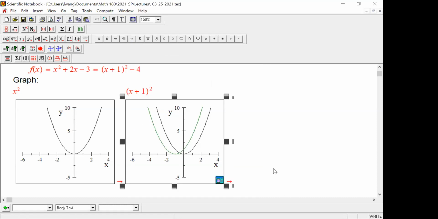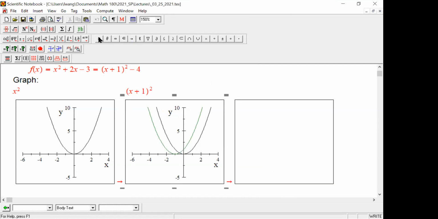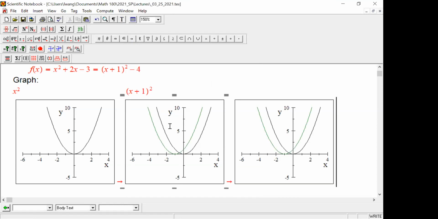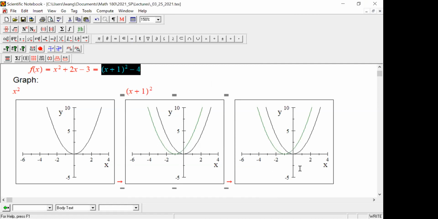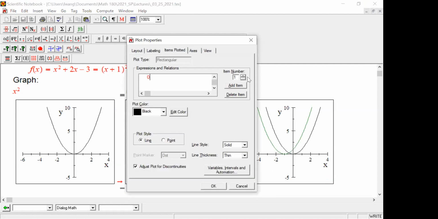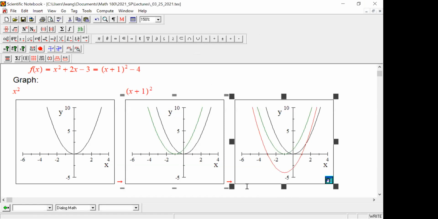So this picture is shifted again. Up or down? Down 4. That's right, down by 4 units. So this red one is the final curve that you see in the picture. Next, can you identify the vertex?